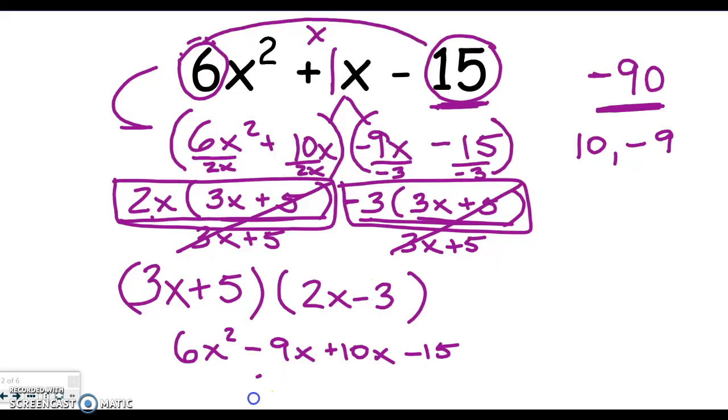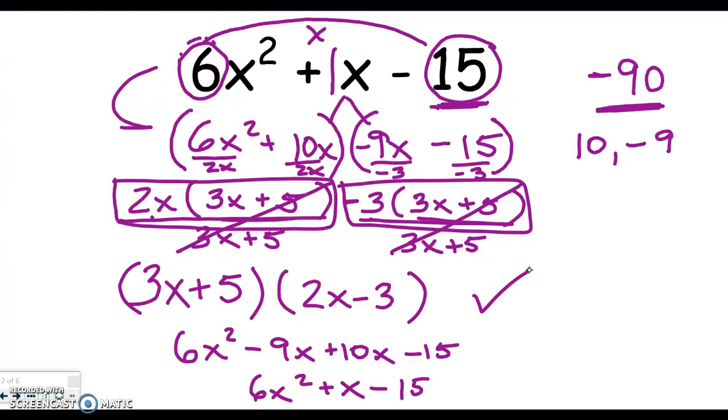Combine like terms in the middle. There we are. I got what I started with. That means I did it correctly. That means my factors are 3x plus 5 and 2x minus 3.